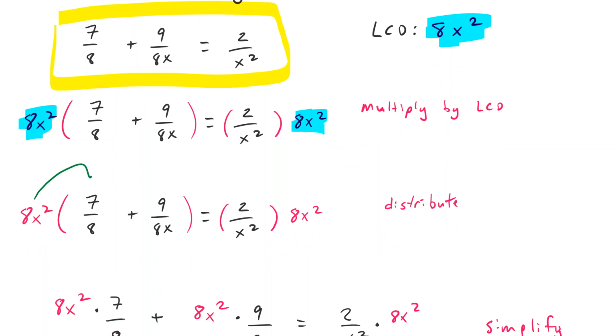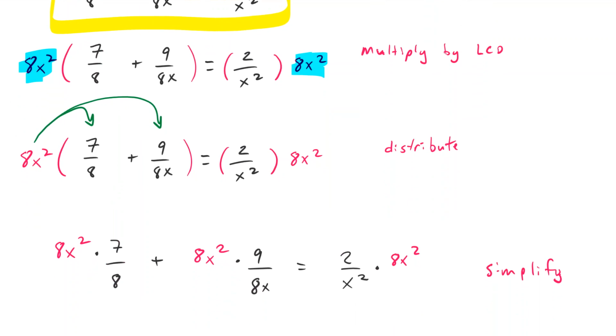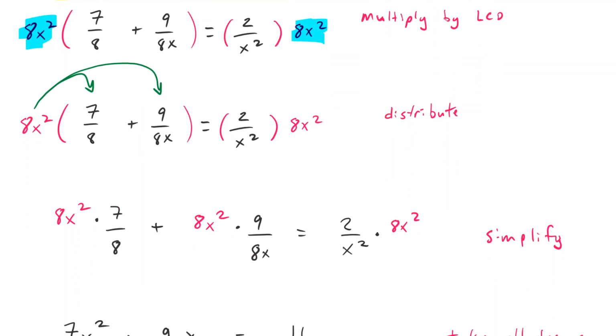We multiply the 8x squared by both terms on the left-hand side. When we do that, we get 8x squared times 7 over 8 and 8x squared times 9 over 8x. And of course, on the right-hand side, we also have 8x squared times the 2 over x squared.